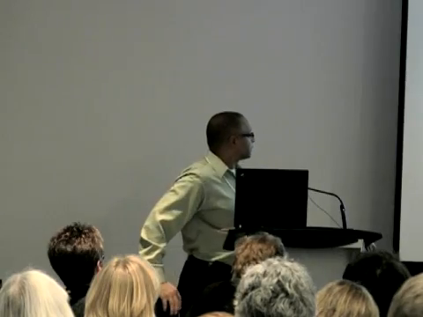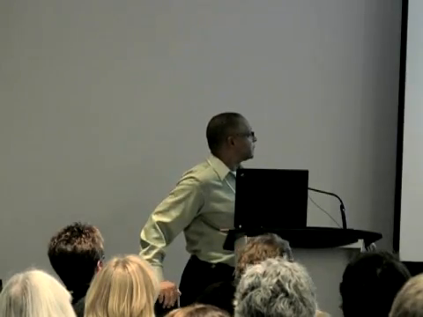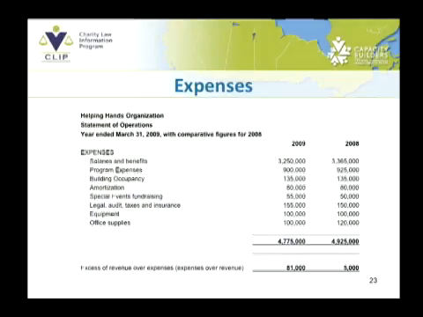Some of the other ones are probably more straightforward: legal, audit, taxes, insurance, equipment, office supplies. It's the big items on the expense side that you really want to pay attention to: salaries and benefits, building occupancy, program expenses, to really understand what's going on in the organization.